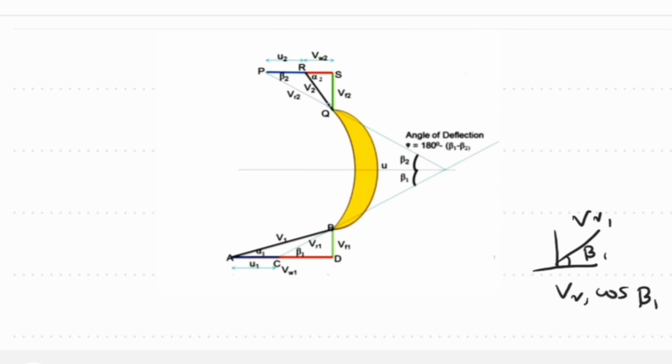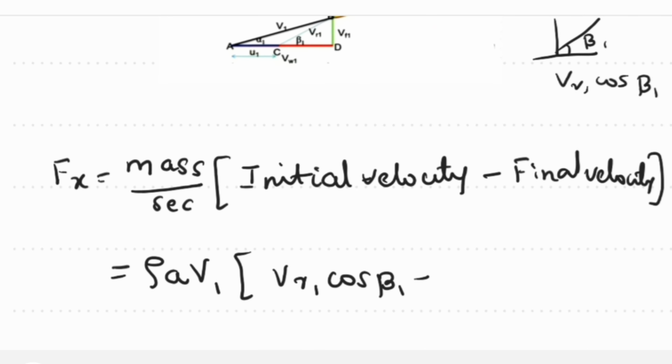After striking, when it leaves, you can see here Vr2 makes angle beta 2. This Vr2 is acting in the opposite direction, but makes an angle beta 2. So Vr2 cos beta 2, since it is acting in the opposite direction, we should write this as minus Vr2 cos beta 2.